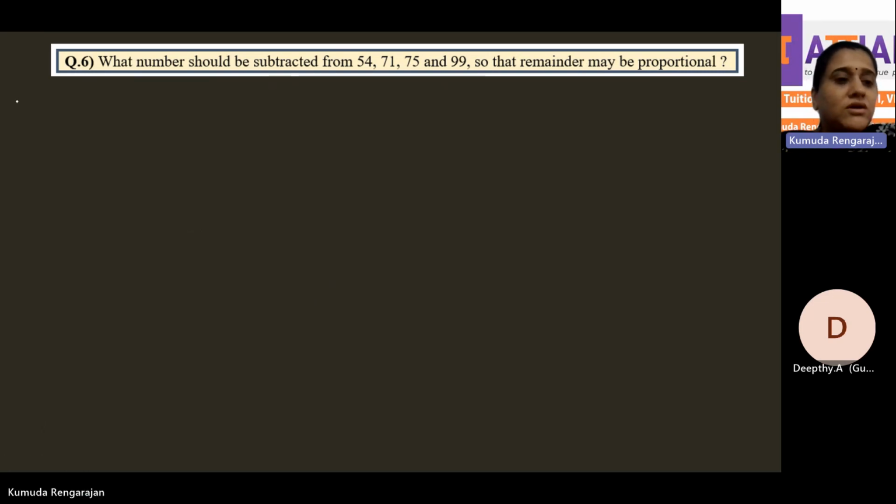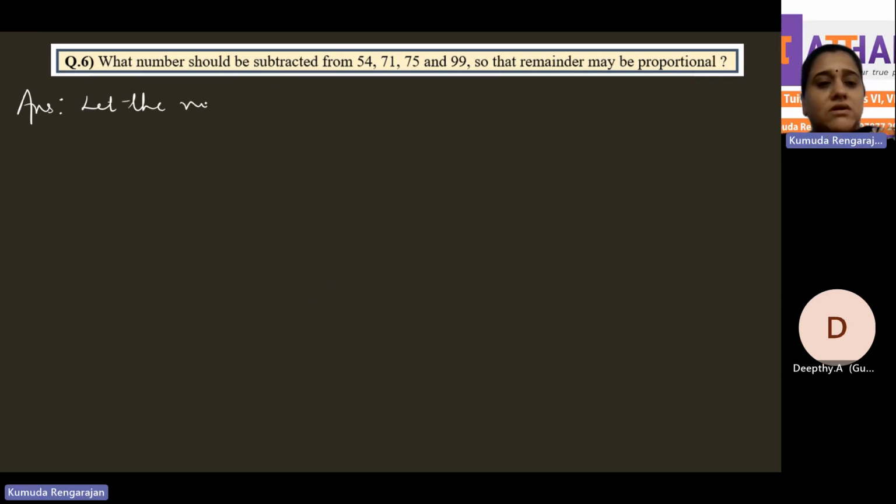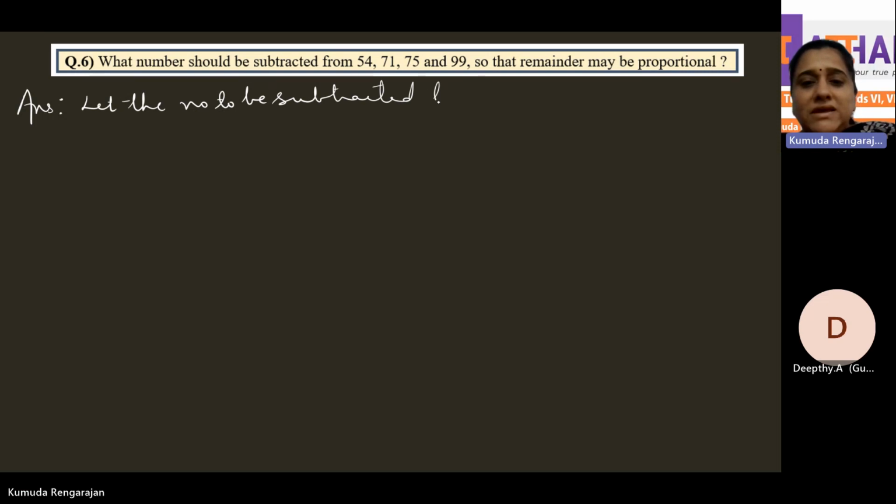Don't write. Listen to me. Let the number to be subtracted be x. So what will be the remainder? What is given? When you subtract, the remainders are proportional, right?